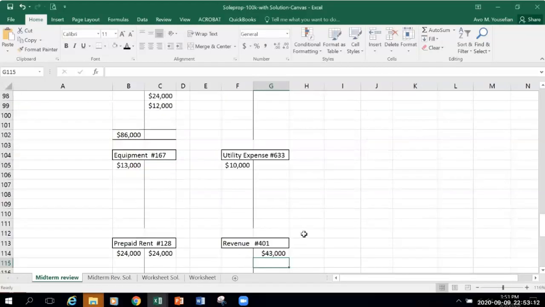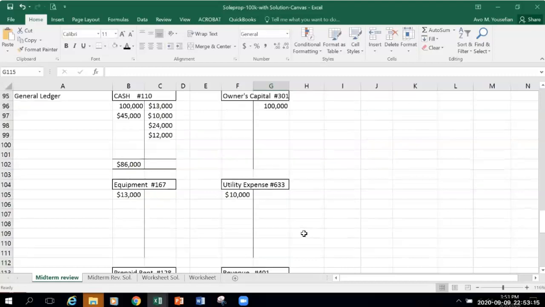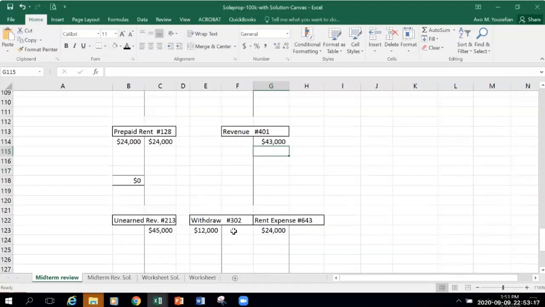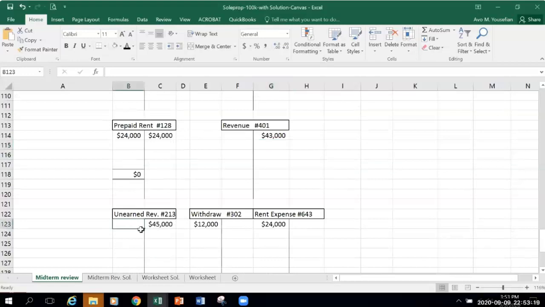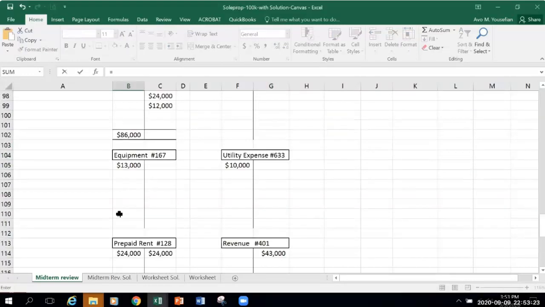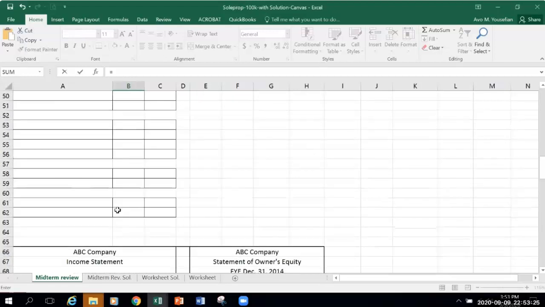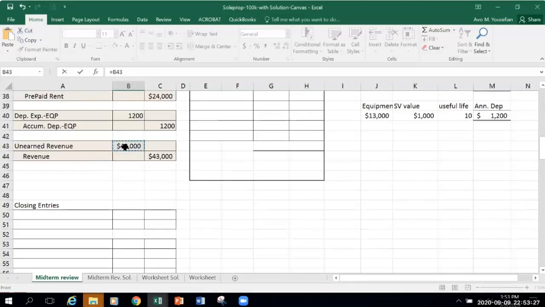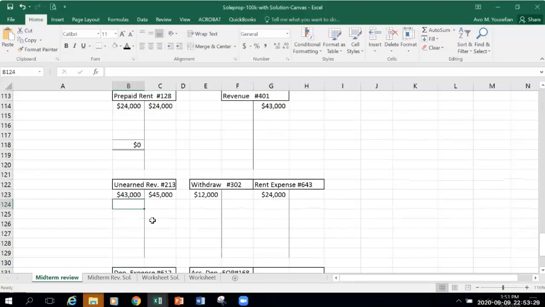There you go. And unearned revenue, which should be somewhere here. You see that 45? So we're going to debit that to reduce it. So equals to debit unearned revenue of 43. Enter. Now I go to the, it's a liability. So the normal balance is so-called credit side.